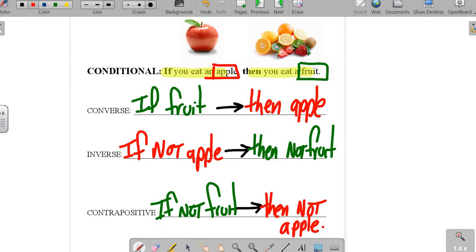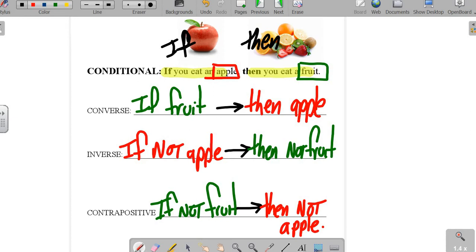Okay, welcome back. I have simplified the wording and I have totally botched the grammar to simply highlight what's true. We start with if you've eaten an apple. So if apple, I'm going to shorten it that much, then you've eaten fruit. If apple, then fruit. The converse would be if fruit, then apple. You switch it around.